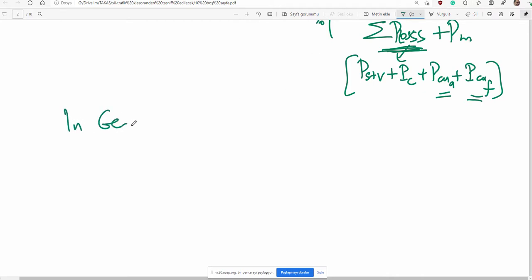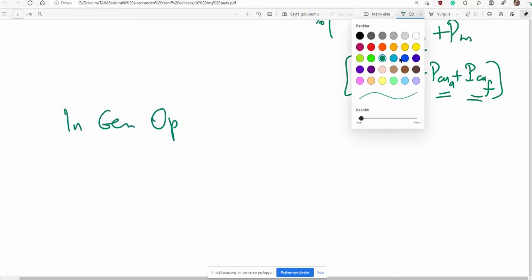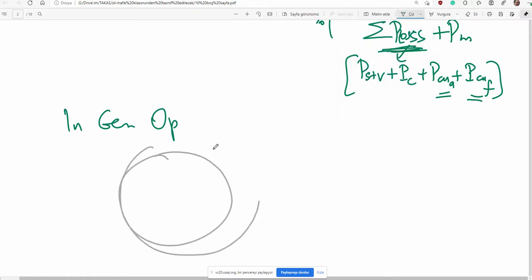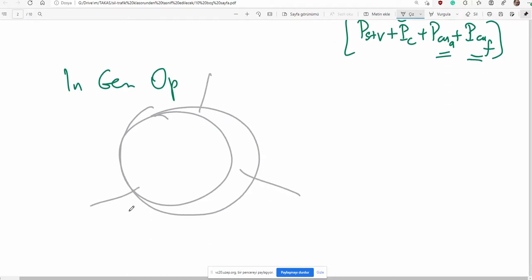In generator operation, here is the stator, and then here are three-phase terminals. When you generate, let me say, here is a rotor.